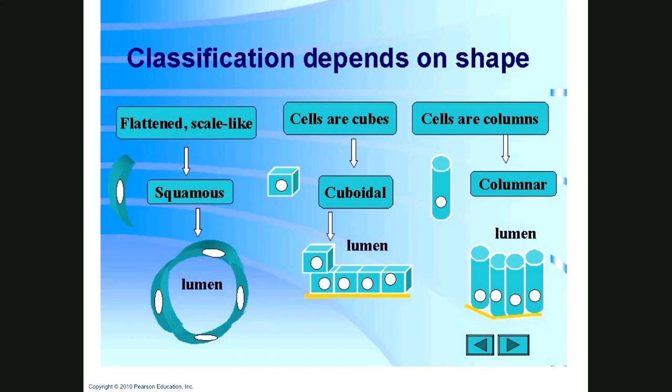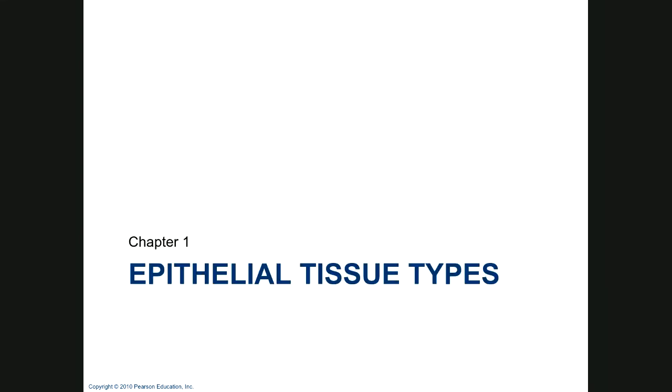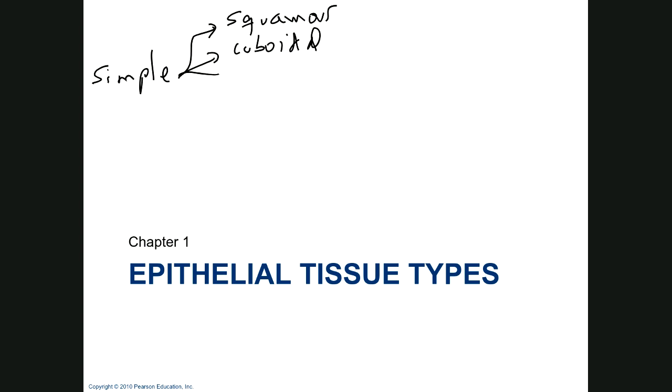So before I go on, let me go ahead and summarize all the epithelial tissues we're going to be covering. So we're going to be covering simple epithelial tissues with squamous cells, with cuboidal cells, and with columnar cells. So we're going to be covering simple squamous epithelium, simple cuboidal epithelium, simple columnar epithelium.